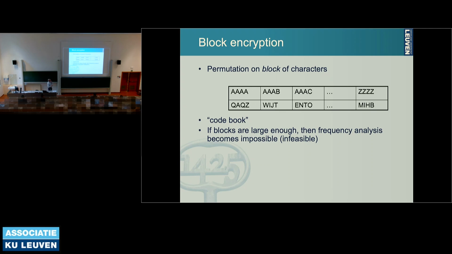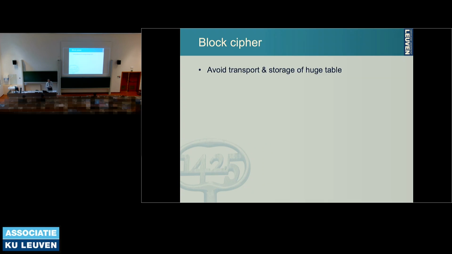The only disadvantage of this generalization is that this table becomes large, of course. If my block length grows, this table size also grows, and it grows exponentially in the block length. So we want to actually avoid this table. We definitely don't want to transport it.